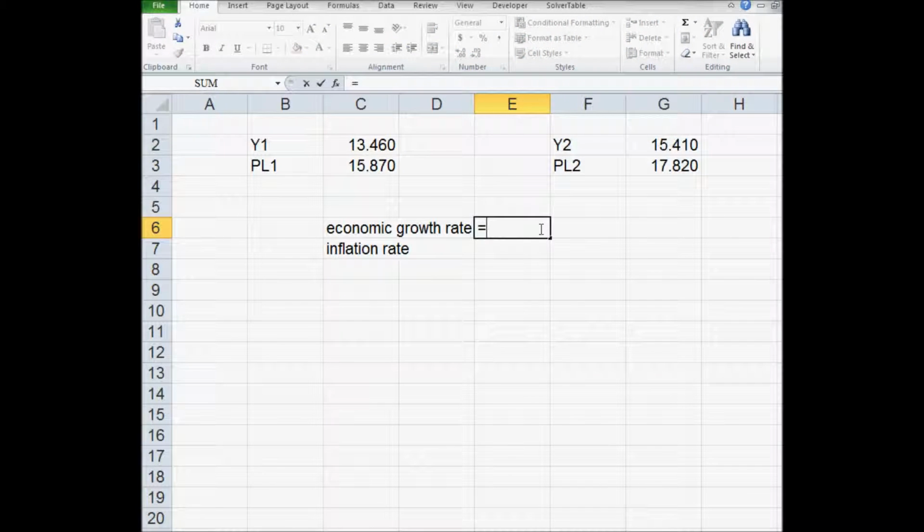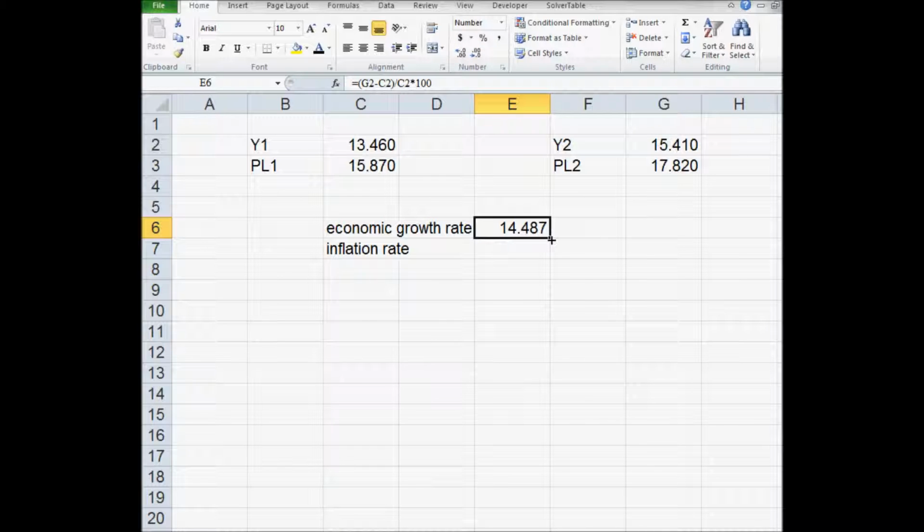The economic growth rate is the percent change in GDP, which is calculated by taking what GDP is, subtracting off what GDP was, then dividing by what GDP was, and multiplying by 100 to convert it to a percentage. The economic growth rate to 3 decimal places is 14.487.